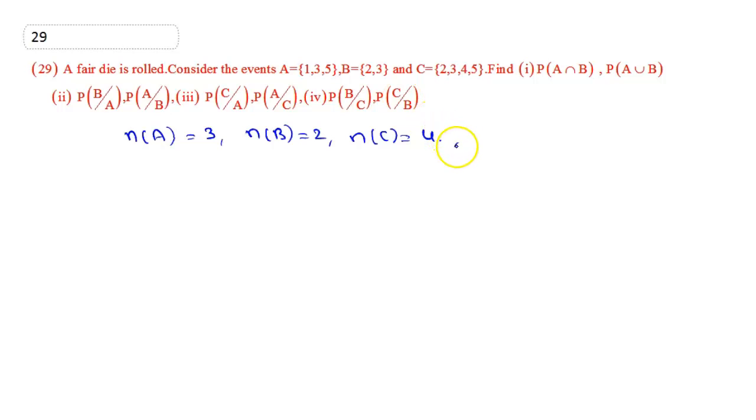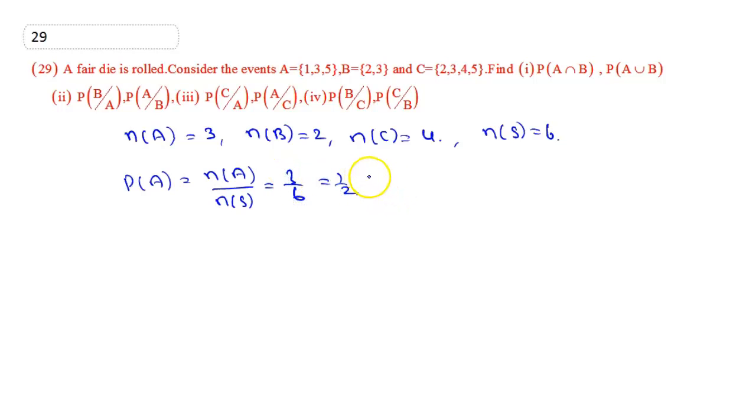A fair die is rolled, no? N of S is equal to 6. So if you take P of A, that is nothing but N of A by N of S, that is 3 by 6, that is equal to 1 by 2. And P of B is nothing but N of B by N of S, that is 2 by 6, that is 1 by 3.